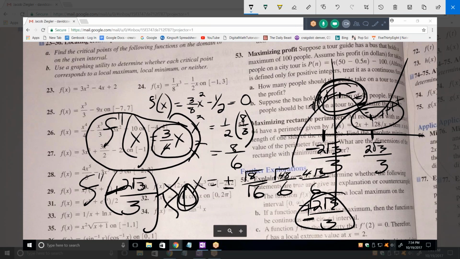Yeah. If the second derivative is equal to 0, it doesn't tell you anything about it. And you have to go back, and the only thing you can use is the first derivative test.